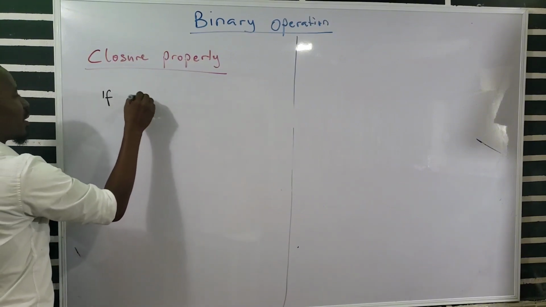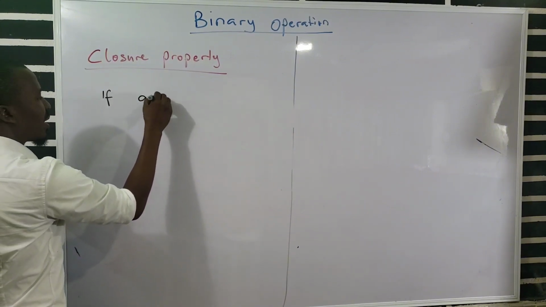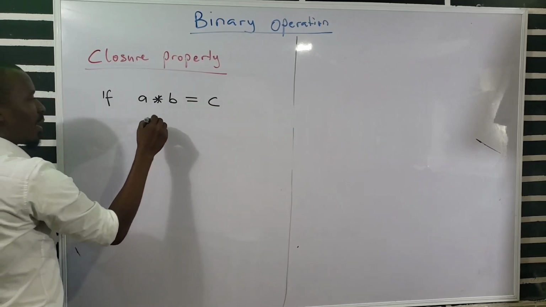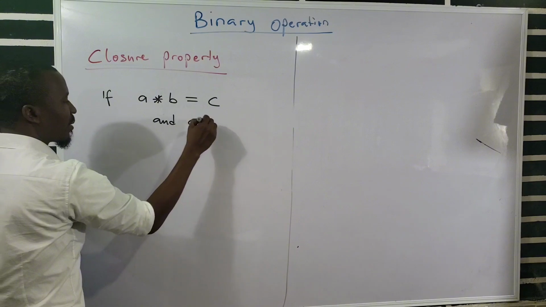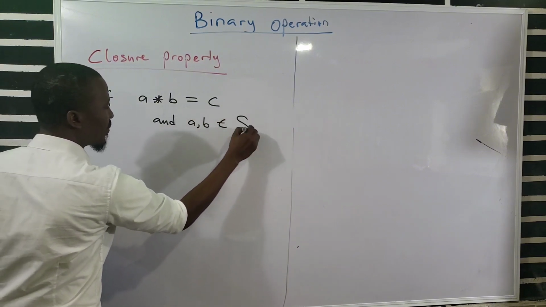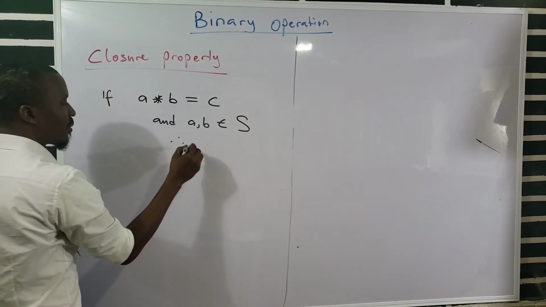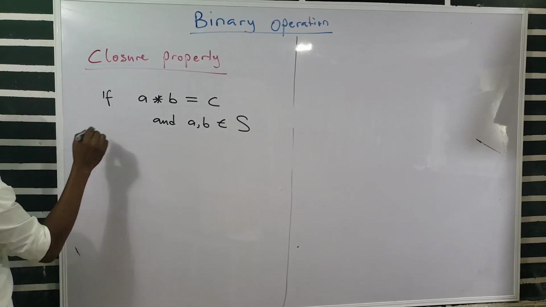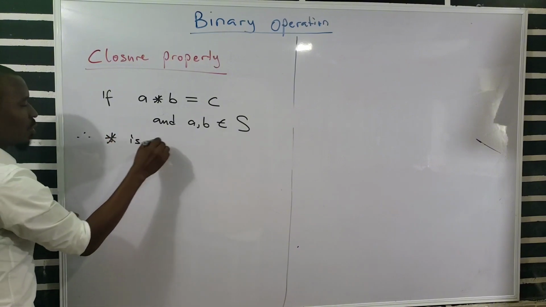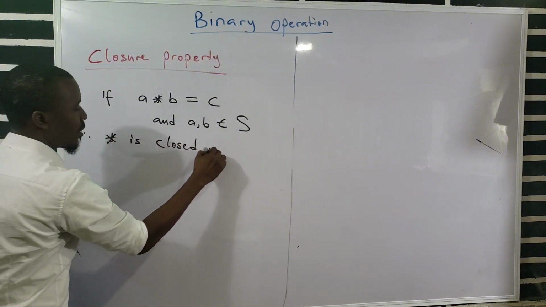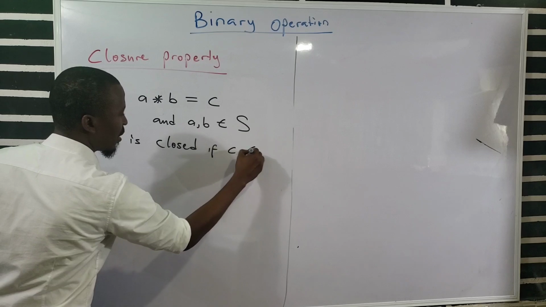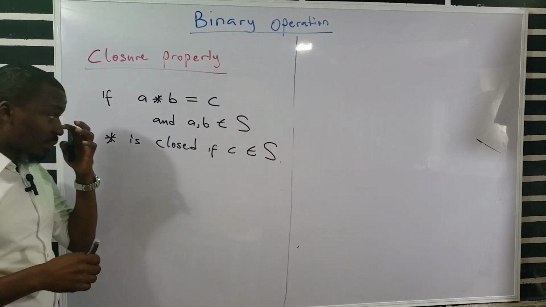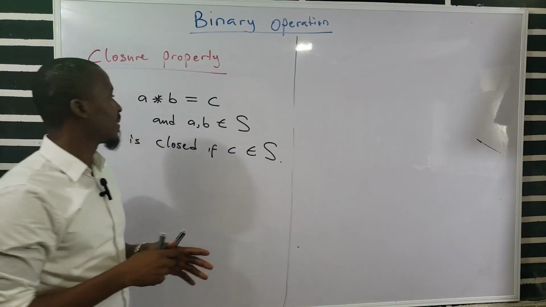If A binary B gives you C, and A, B is an element of set X, therefore the operation is closed if C is an element of X. Now let me explain that.